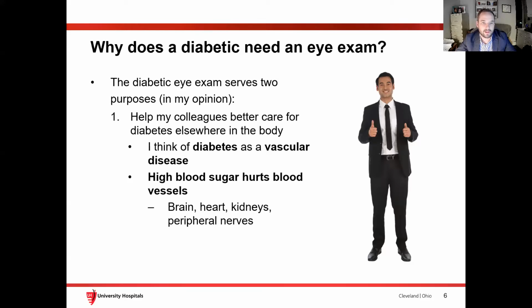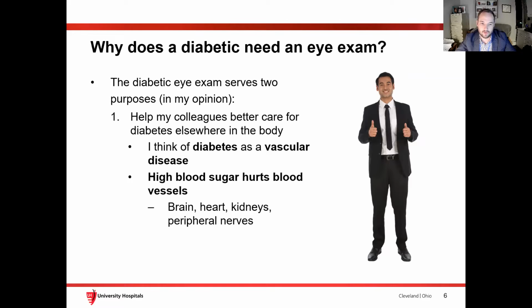I break down the diabetic eye exam into two big purposes. First, I think the eye exam helps my colleagues, whether they're primary care physicians, endocrinologists, or other subspecialists, better care for diabetes elsewhere in the body. The best way I can describe this when I'm talking to my patients in the office is that diabetes is a vascular disease.